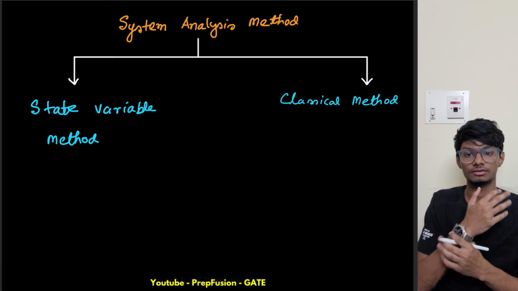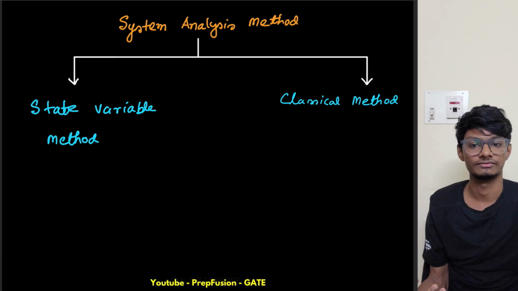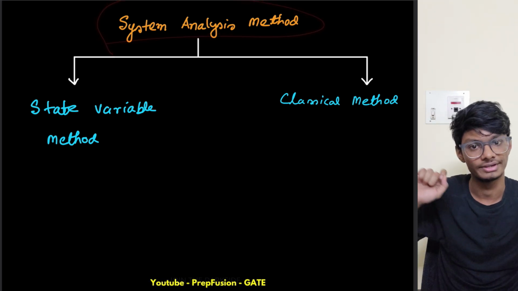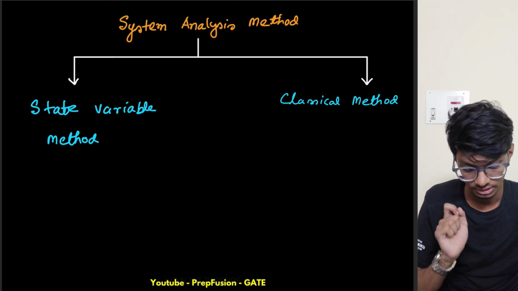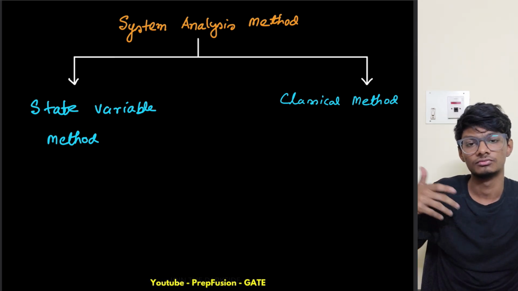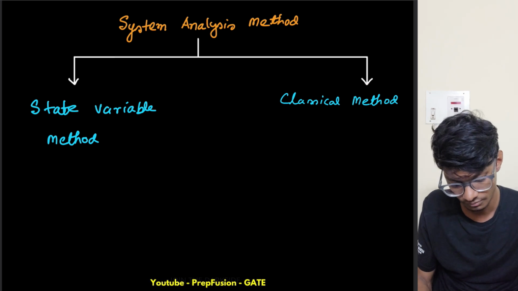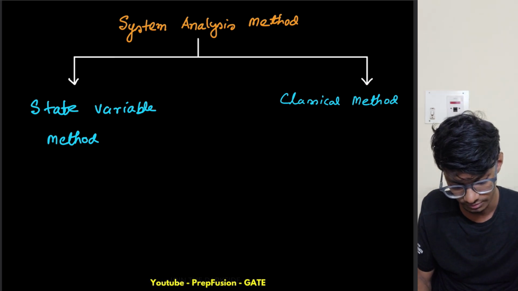Now, why are we studying state space? To analyze the system, as I mentioned earlier. But you might ask that we can already analyze the system using the classical method. What is that method? That is the transfer function method.